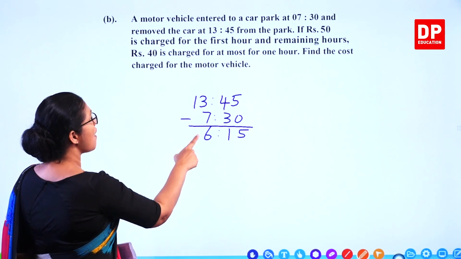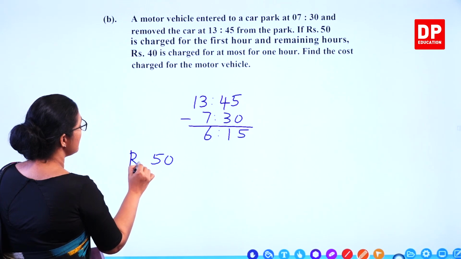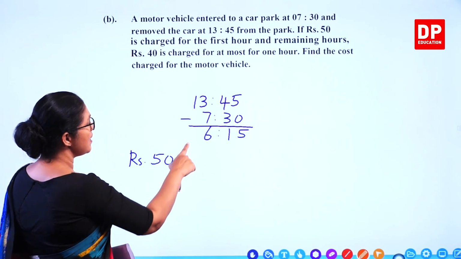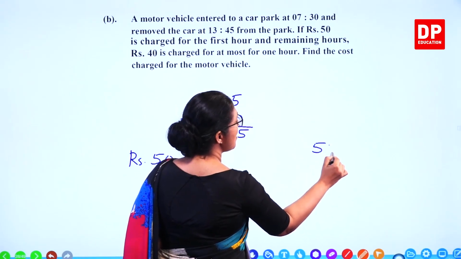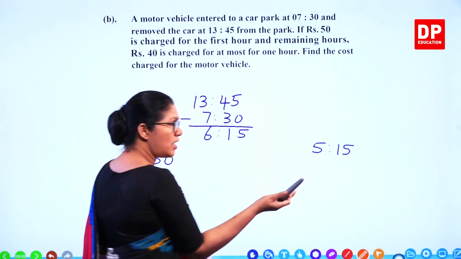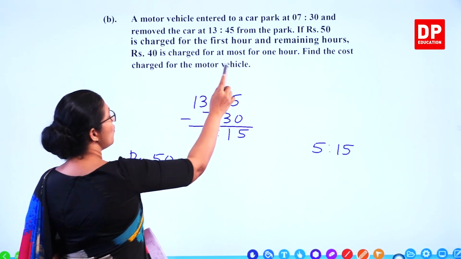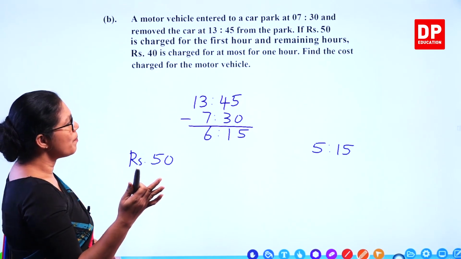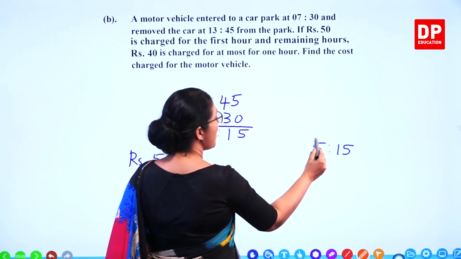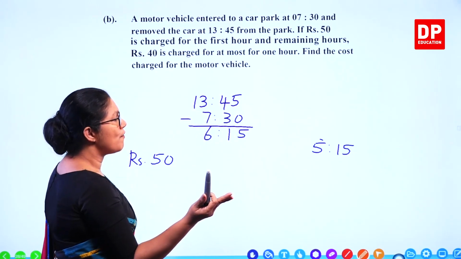So the first hour, 50 rupees. Then how many hours remaining? That means 5 hours and 15 minutes. But even if it is 15 minutes, they charge 1 hour cost. At most for 1 hour. For 1 hour or less, they charge 40 rupees. So this 5 hours and this 15 minutes means another 1 hour.